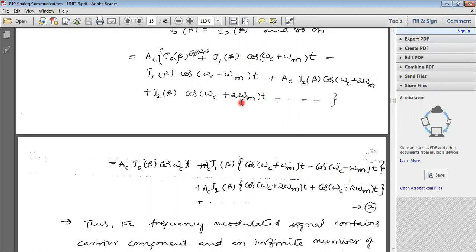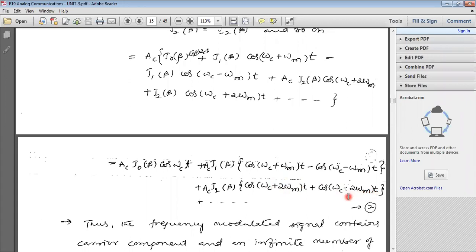Again, from these two terms you take Ac J2(beta) common, and it becomes cos(omega c plus 2 omega m) t and cos(omega c minus 2 omega m) t. Similarly, if you substitute n equal to 3, the sidebands become omega c plus 3 omega m and omega c minus 3 omega m.